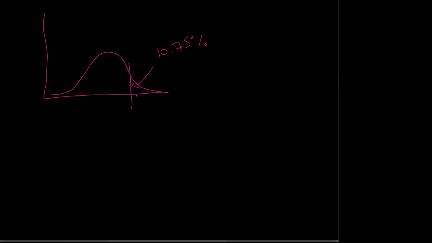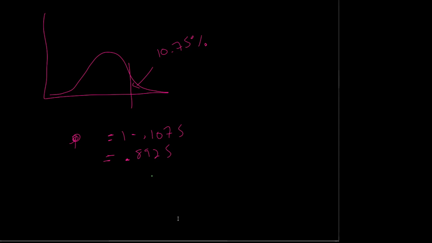And so to find this z, I want 1 minus, well, let's convert this to a probability, 0.1075, right? And so I want to find the z-score of whatever the probability is up to this boundary, which is going to be, what, 0.8925? Let's see, 0, 0, 0, yeah, 0.8925. And so we want to find the z-score that's with the probability of 0.8925.